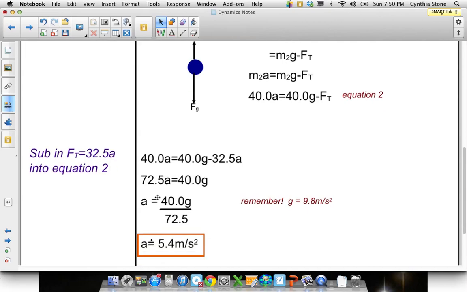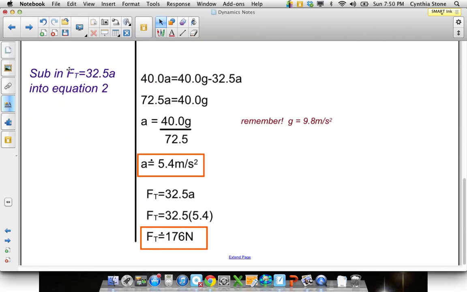And solve for a. That's all I'm doing here. So just go through the steps, solve for a. I have an acceleration of about 5.4 meters per second squared. I just leave the g in here, by the way, just for simplicity's sake. So now I know the acceleration of my system, and now I can find the Ft because I have equation 1. So I substitute in, and I have a tension of 176 newtons.